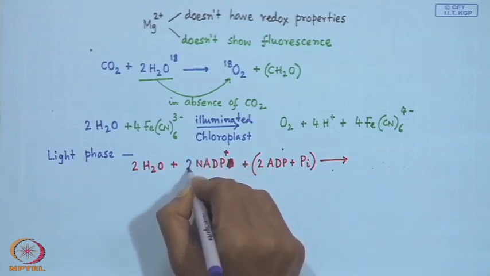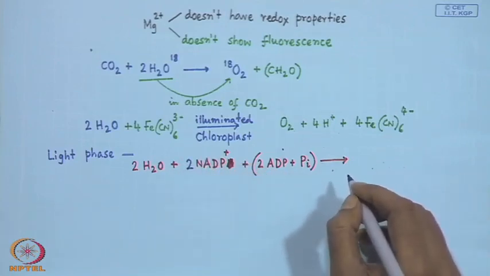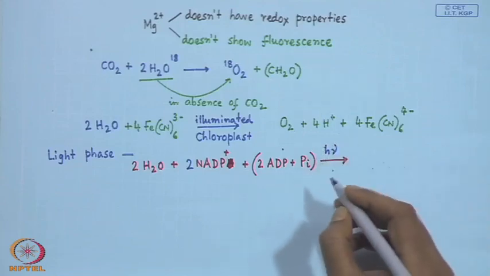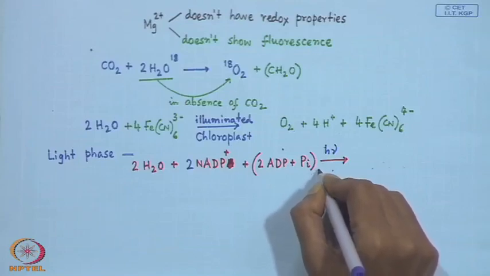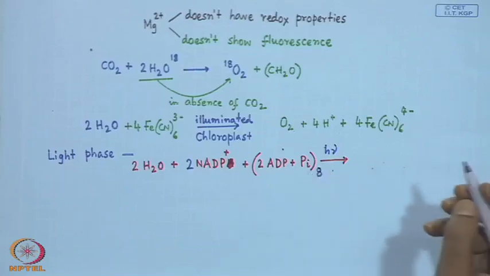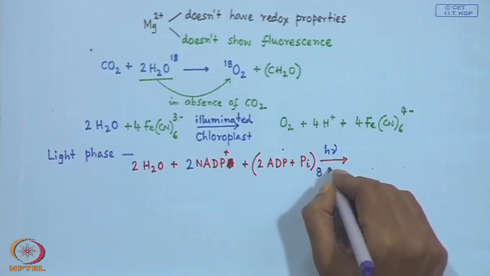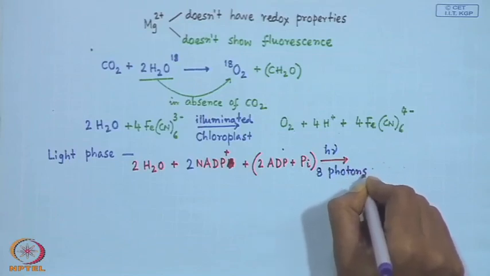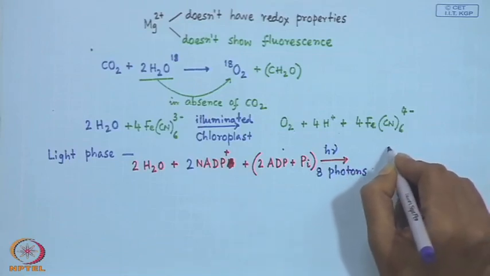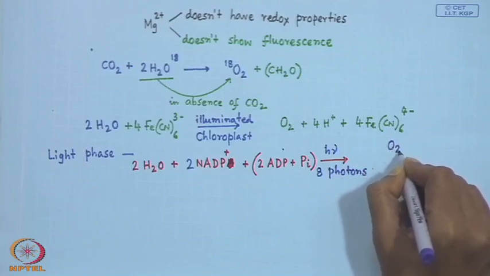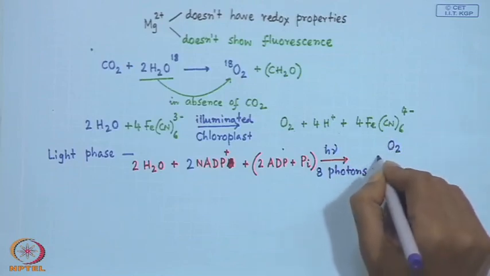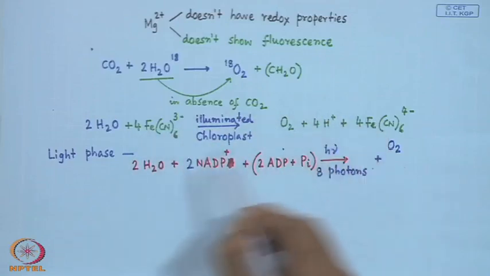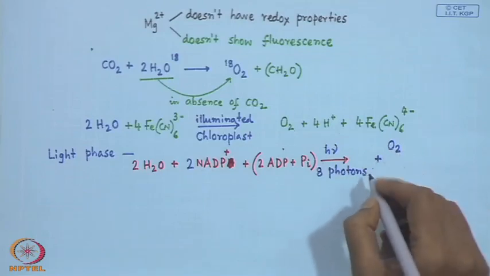So, 2 water is reacting with 2 of these NADP+, illuminated with h nu, and we can find out the number of photon absorption also. So, 8 photons are absorbed at this particular step, giving first O2, then the oxidized form is reduced, like ferricyanide giving ferrocyanide. So, it is the reduced form, NADPH.